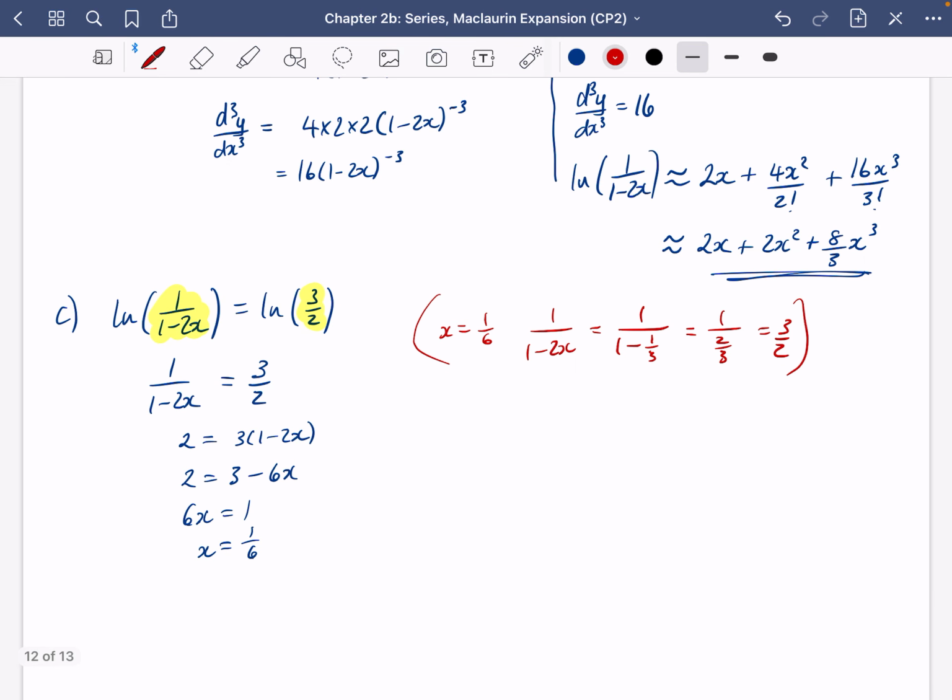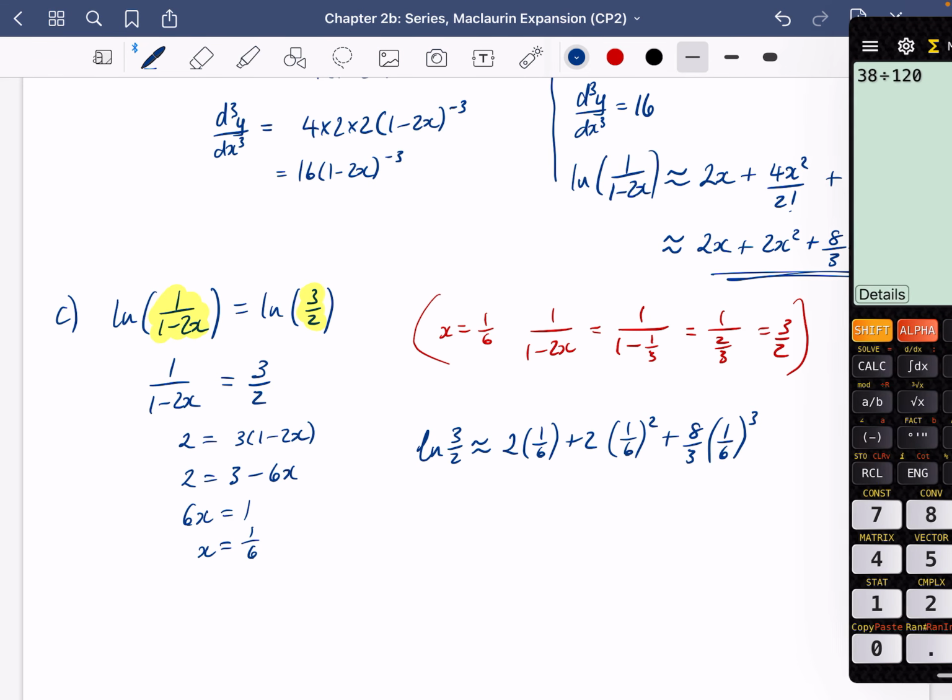So this means I'm going to take x equals a sixth and I'm going to substitute it into the expression. So ln of 3 over 2 will approximately be equal to 2 multiplied by a sixth plus 2 multiplied by a sixth squared plus 8/3 multiplied by a sixth cubed. And I probably use the answer button for this on my calculator.